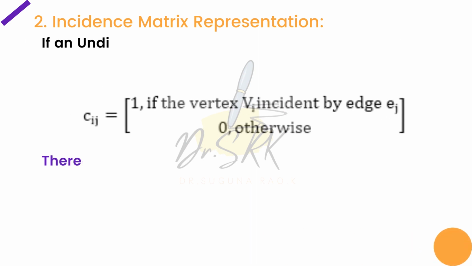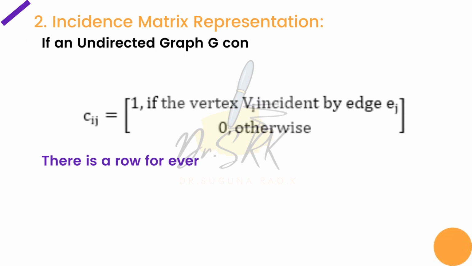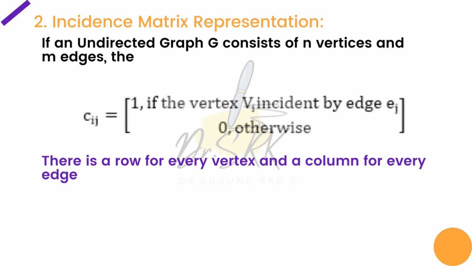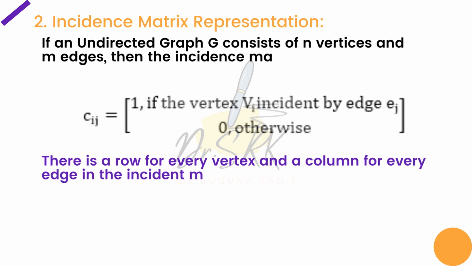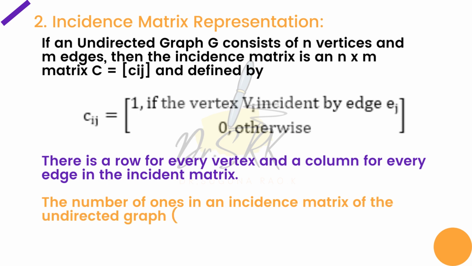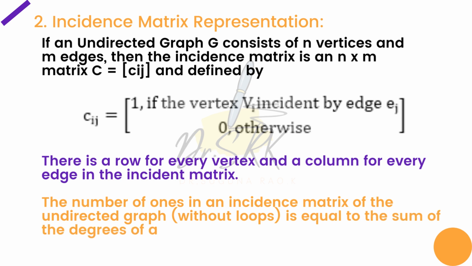Now look at the other representation of graphs, that is incidence matrix representation. In the incidence matrix representation, if an undirected graph G consists of n vertices and m edges, then the incidence matrix is an n by m matrix.